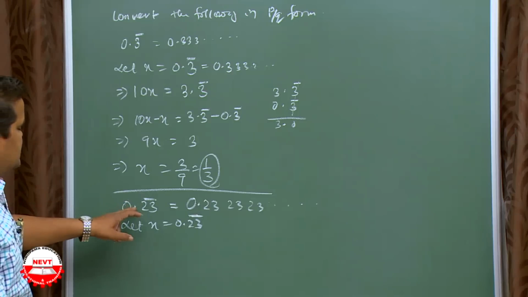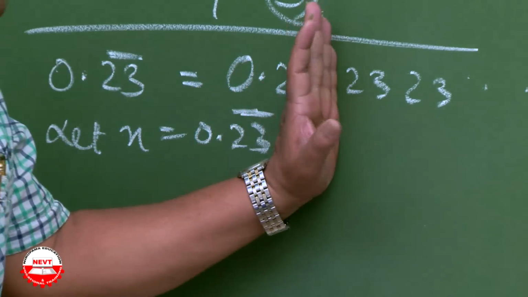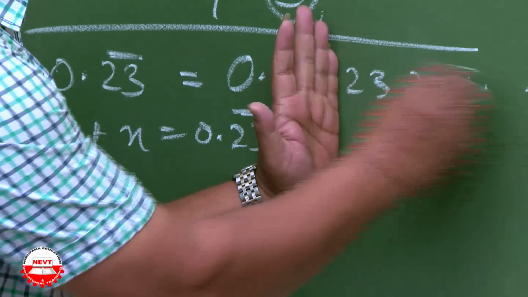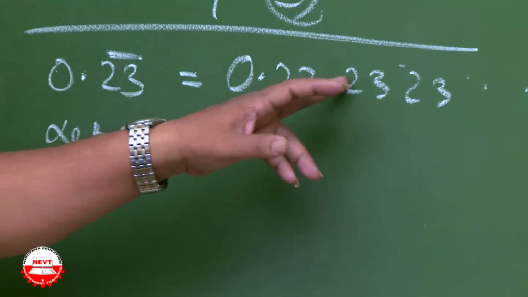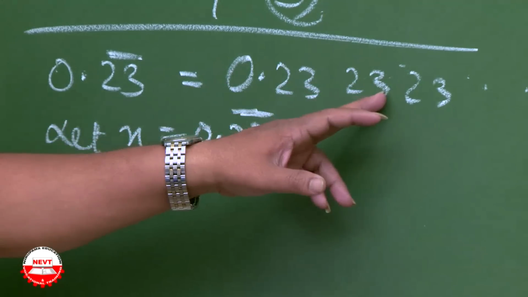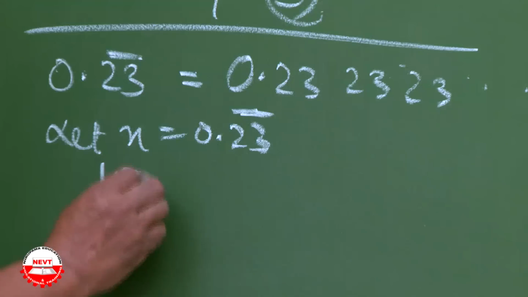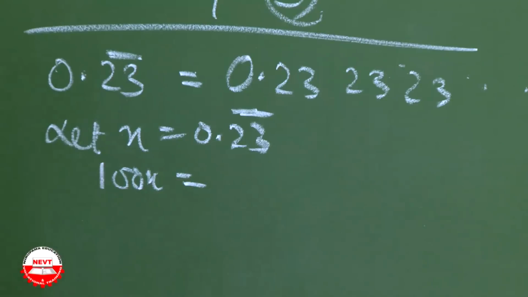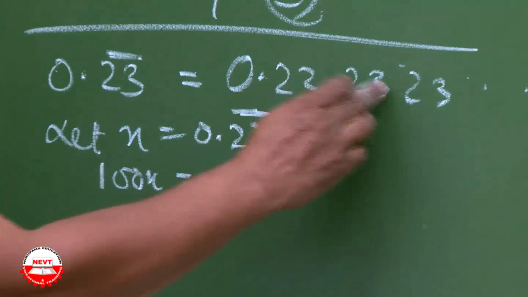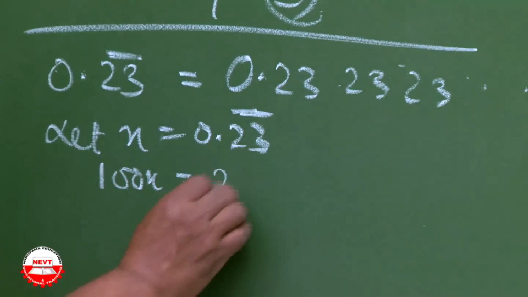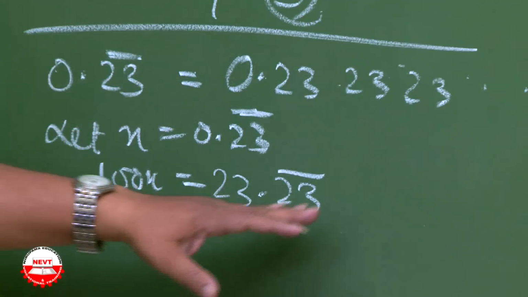If you take 10x, the decimal will shift one place, and 3 is not repeated continuously, 23 is repeated. Therefore, you directly take 100x. The decimal will shift 2 places, and again 2323 is repeated, that means 23.23 bar. You understand this line?